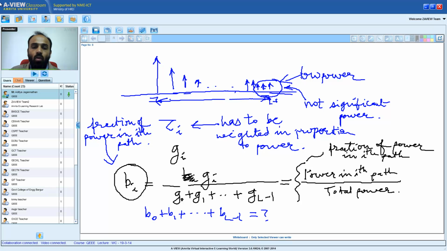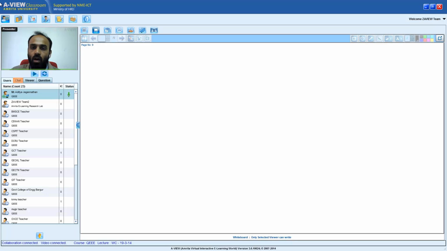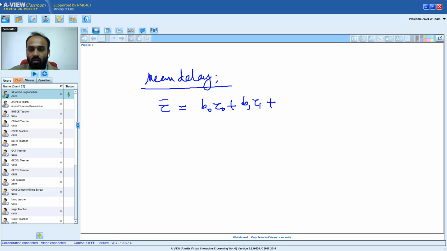Okay. Now I want to define what is known as the mean delay. What I will do is weigh each delay by this fraction of power to define the mean delay. Mean delay tau bar equals B0 tau 0 plus B1 tau 1. Look at what I am doing.